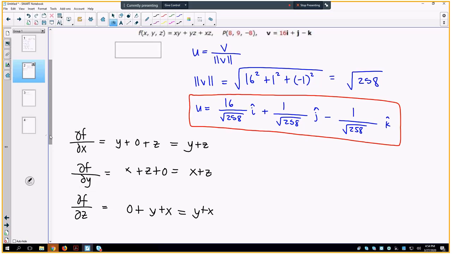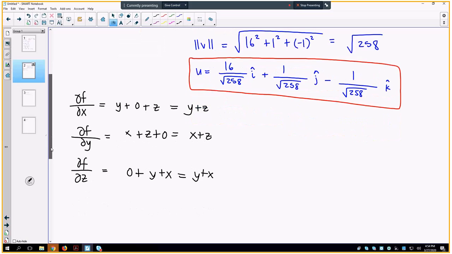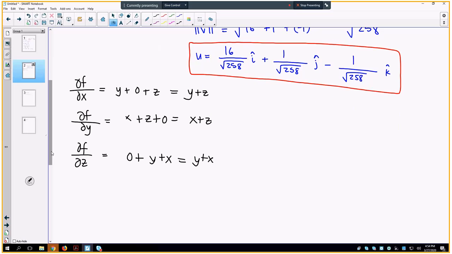Okay, so I have my partial derivatives. And I know that the gradient is going to be the partial with respect to x, i cap, plus the partial with respect to y, j cap, plus the partial with respect to z, k cap.